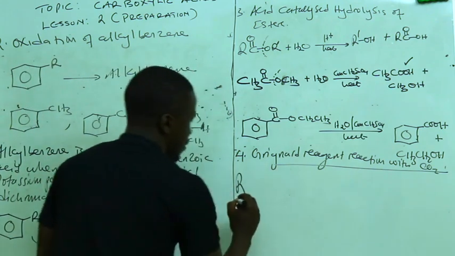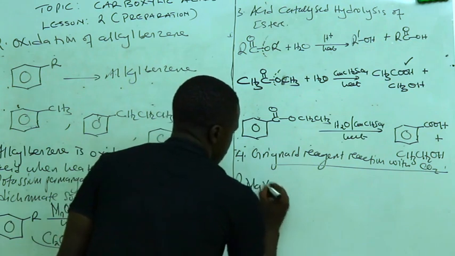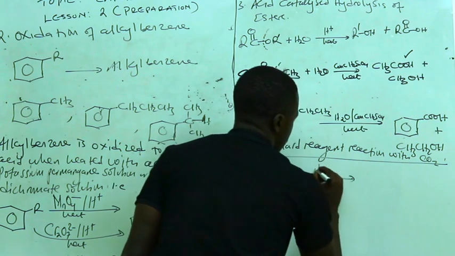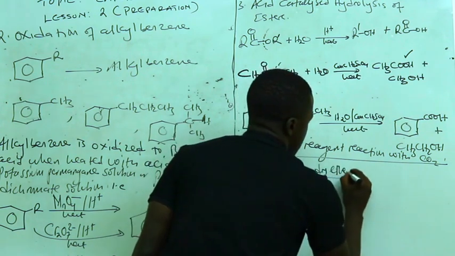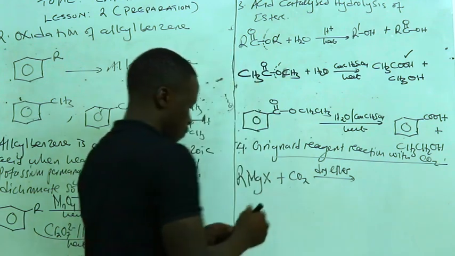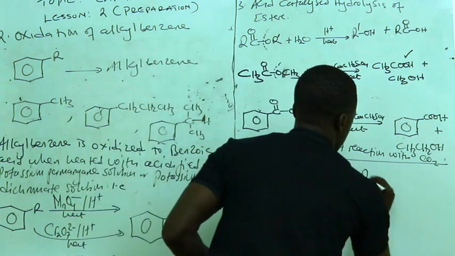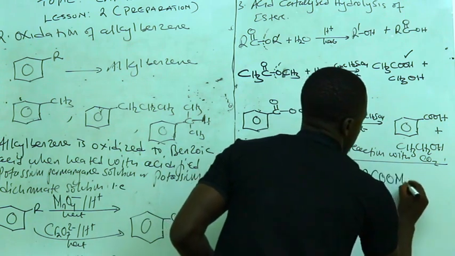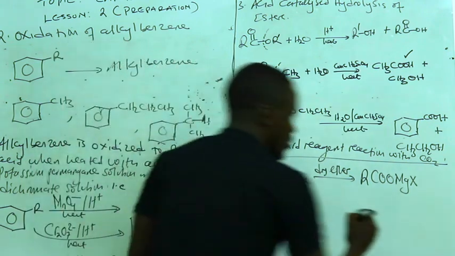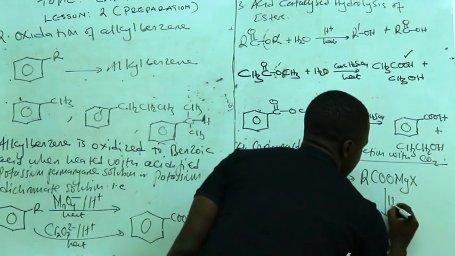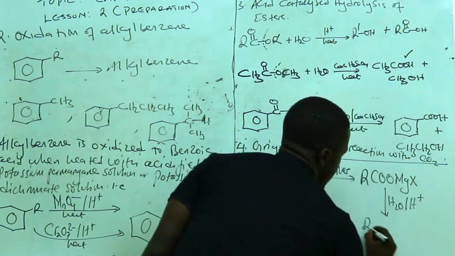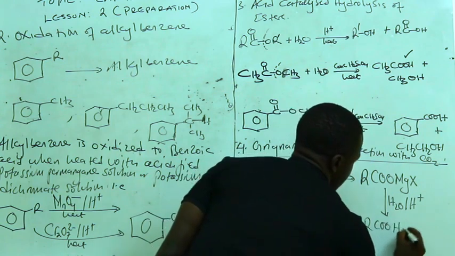Grignard reagent, RMgX, if reacted with carbon dioxide in presence of dry ether, we shall be able to form an intermediate, RCOOMgX. And this intermediate will be hydrolyzed in presence of an acid catalyst, and should be able to give us a carboxylic acid.